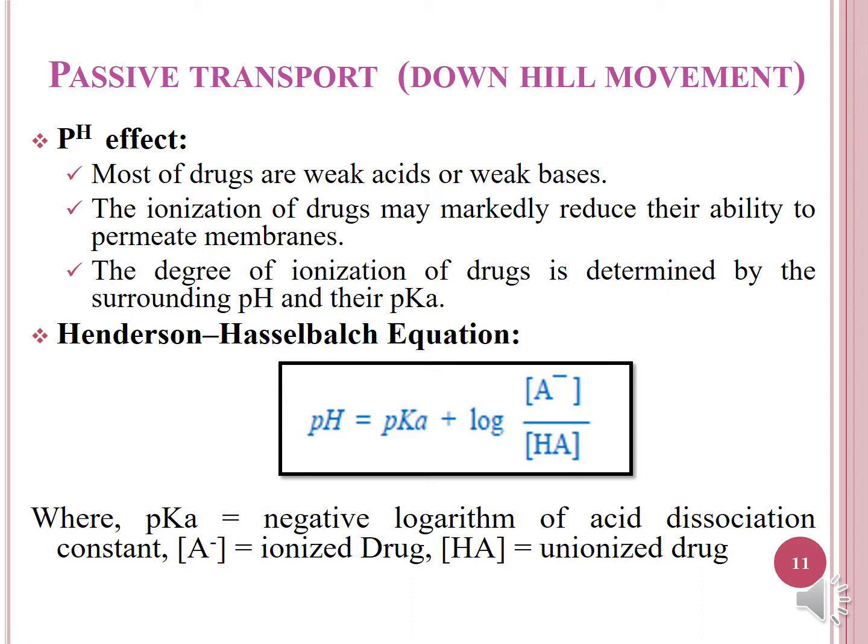The degree of ionization is determined by the surrounding pH and the pKa value. So this equation, which is the Henderson-Hasselbalch equation, gives the effect of the pH on the drug absorption. Here pKa is the negative logarithm of the acid dissociation constant, and A minus, if it is HA, is the ionized form.